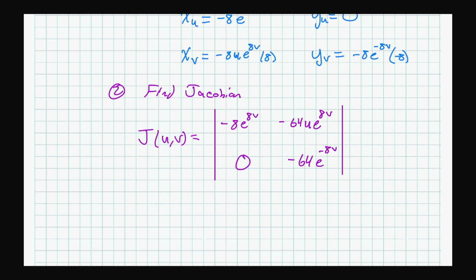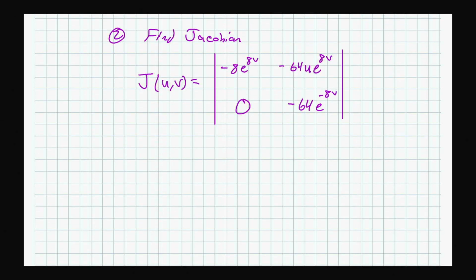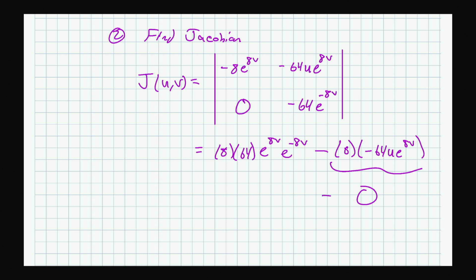Okay, so you find the Jacobian. We're going to multiply these, right? So these two minus these two. So it's going to be 8 times 64 e to the 8v, e to the negative 8v. For these two, I took care of the minuses already, and then minus these two. So minus 0 times negative 64u e to the 8v. So the second one is 0.